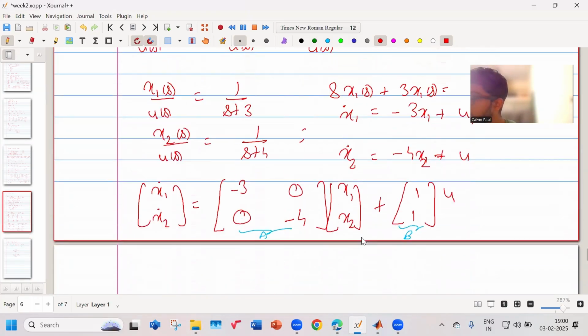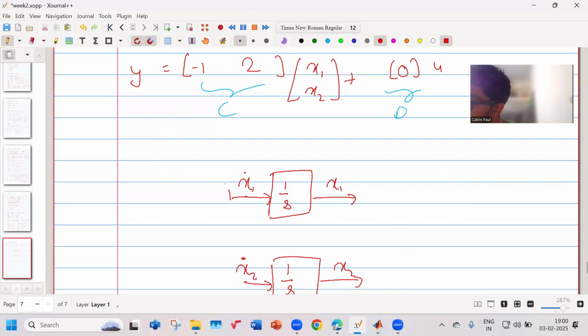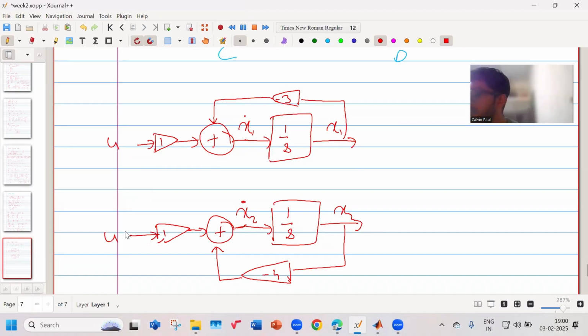So what do we have as the equation of x1 dot? x1 dot is minus 3x1 plus u. So x1 dot is equal to minus 3x1 and 1 into u. x2 dot is equal to minus 4 into x2 plus 1 into u.